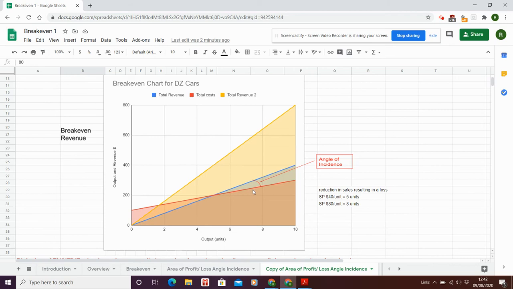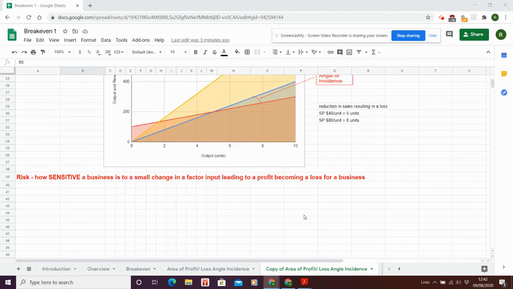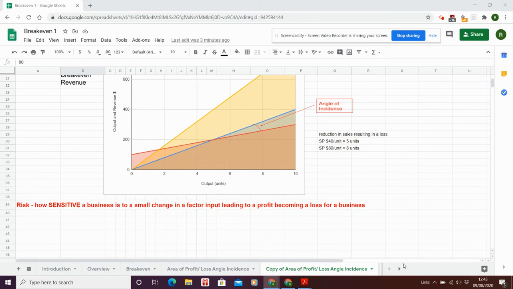So if revenue per unit falls by a small amount, it means that the break-even point moves a long way out to the right, or requires more sales. Whereas if the curve is quite steep, then a small change in the revenue per unit will lead to a relatively small change in the break-even point. Okay, so that's where risk comes in.